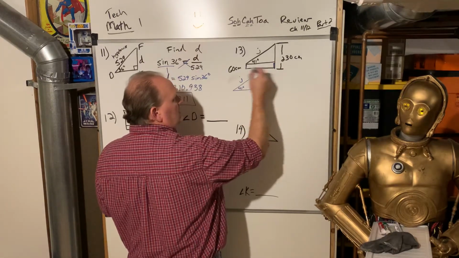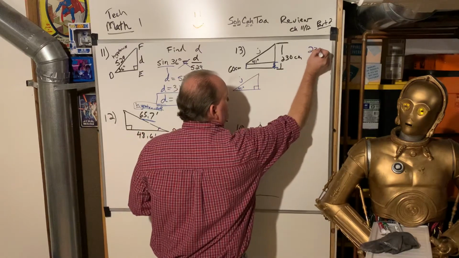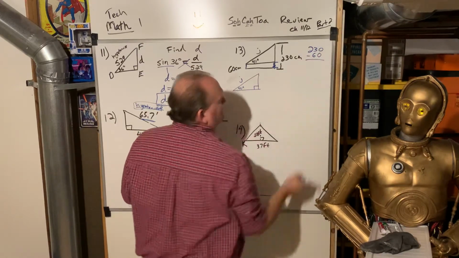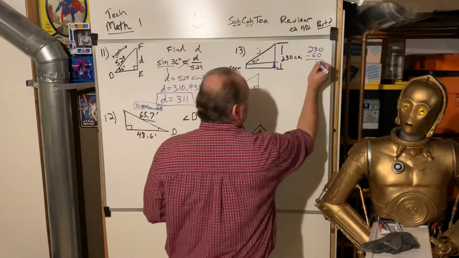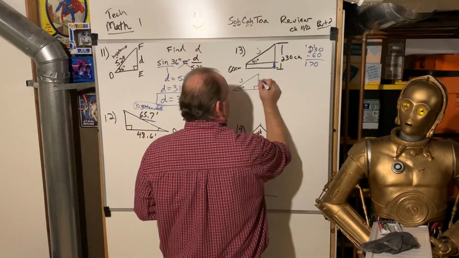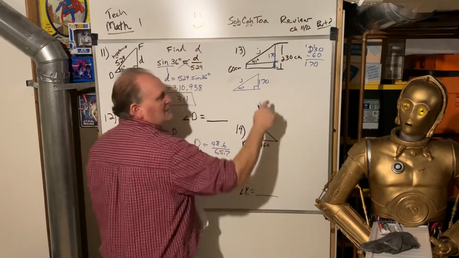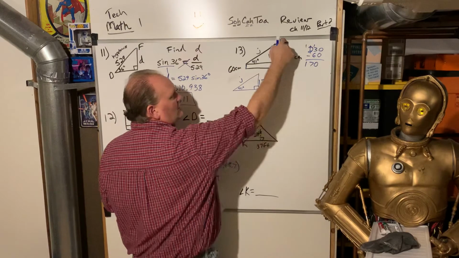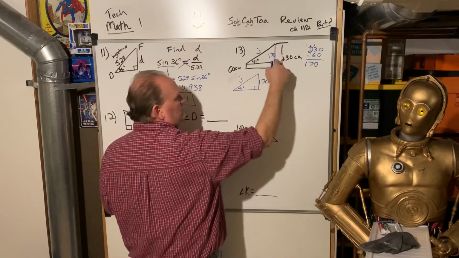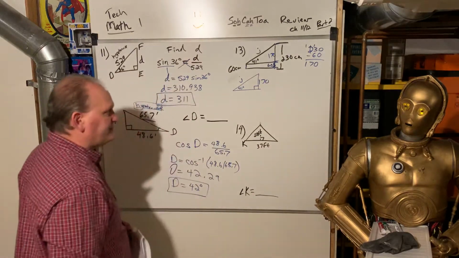And so now if that much is 60 from there to there, you take 230 minus 60, and that'll be the remainder, right? That'll be 170. So this right here is 170, this length. It has to be, because if this much is 60 and the whole thing is 230, then that's 170, because 60 plus 170 is 230.